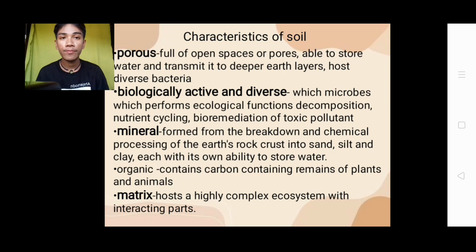And the organic, which just contains carbon-containing remains of plants and animals. And the last is the matrix, which hosts a highly complex ecosystem with interacting parts. Okay, so again, the characteristics of soil: the porous, the biologically active and diverse, the mineral, the organic, and the last one is the matrix.